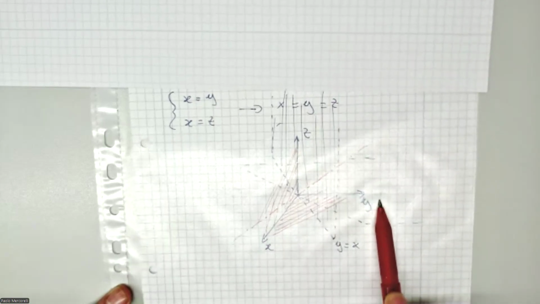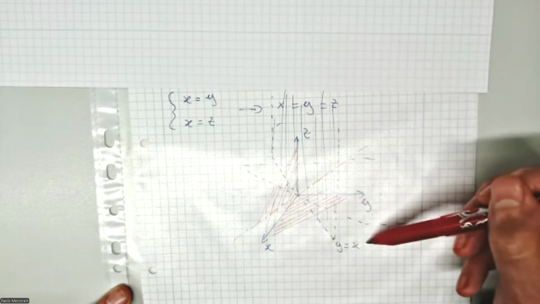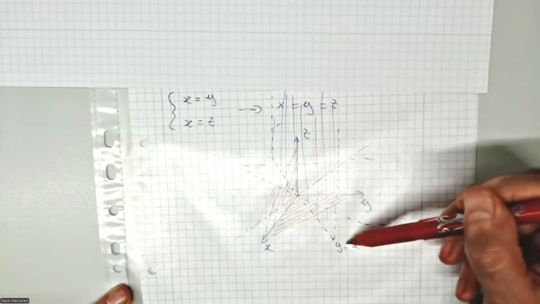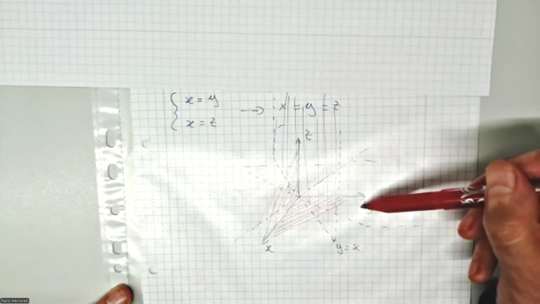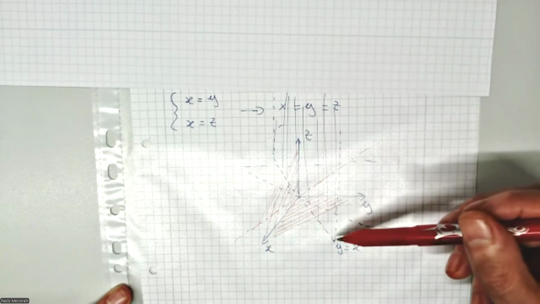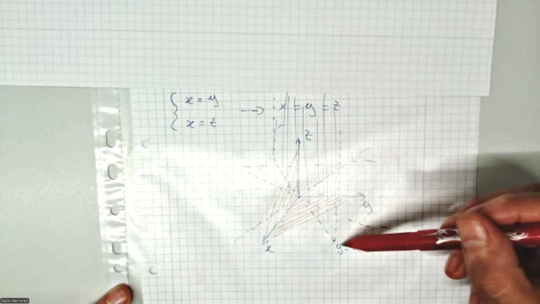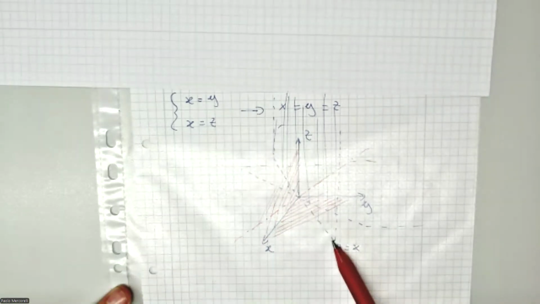It is the intersection for Z equals 0. I mean, Y equals X in the plane X and Y is the intersection of the plane Y equals X for each Z, the intersection for Z equals 0.